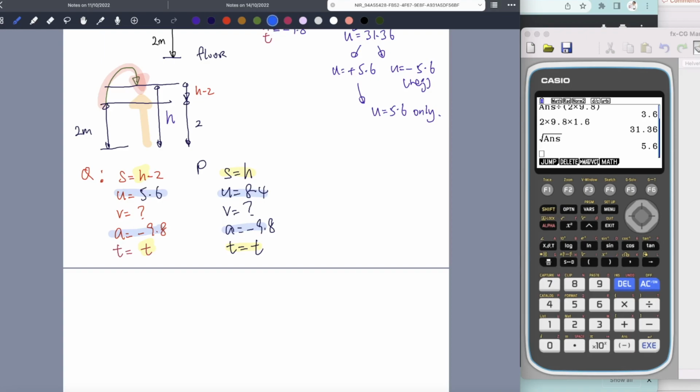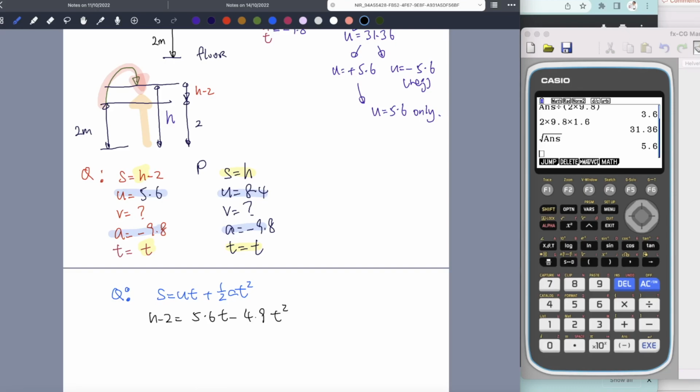So set up an equation for Q alone: S equals UT plus half AT squared. So H minus 2 is 5.6T minus 9.8 over 2 T squared. Don't be scared. You have done a lot of quadratic simultaneous equations.